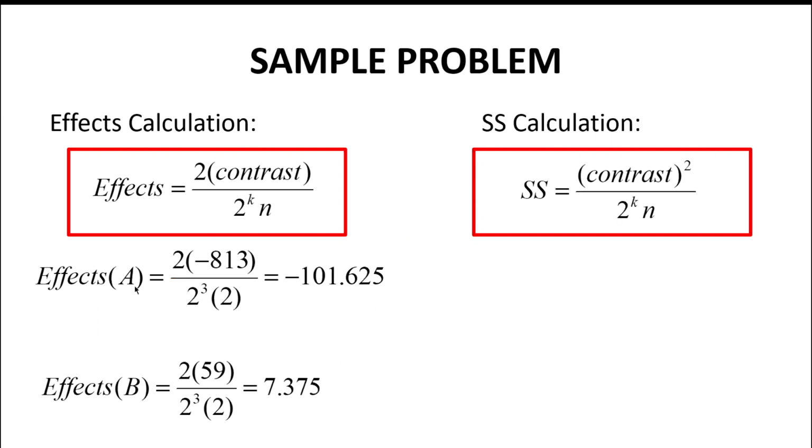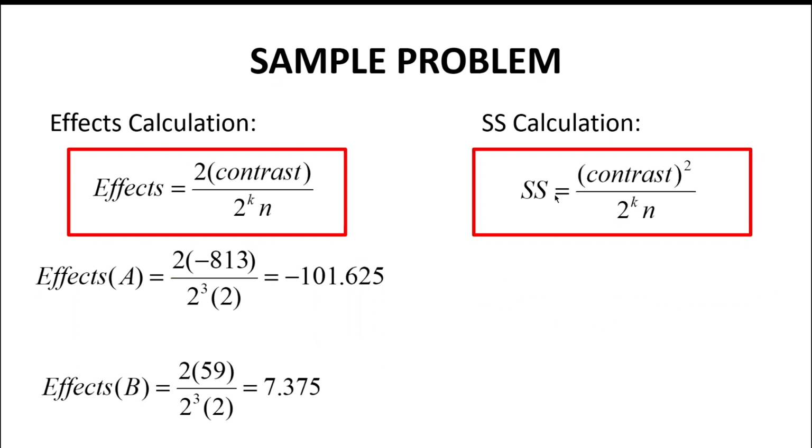So for example, itong effect A, if it's a very large negative value, meaning it has a large negative effect on the response variable. Tapos si factor B, you can see that it's a small positive value, so meron siyang small positive effect.